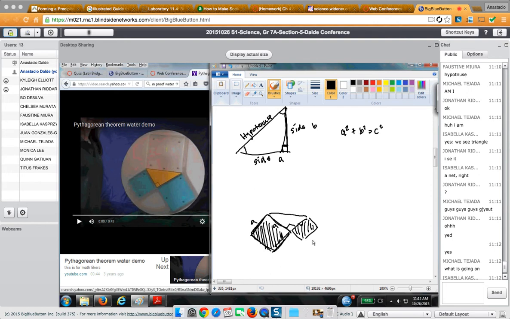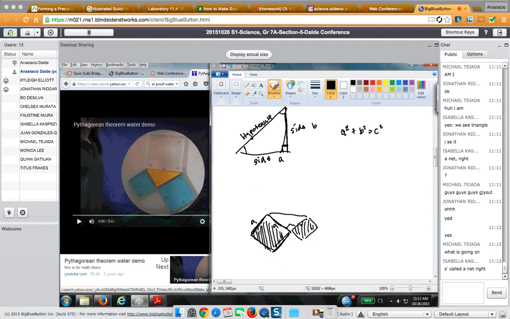Good. And what I'm saying is the area over here plus the area over here would fill up a square that has an area of c squared. That's what I'm saying. Okay?